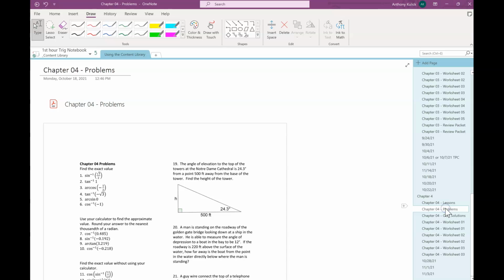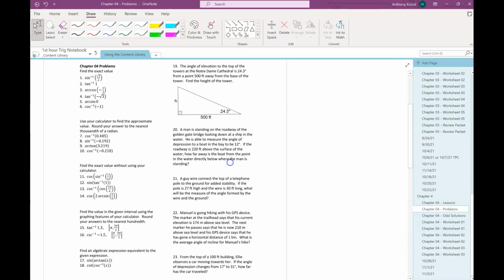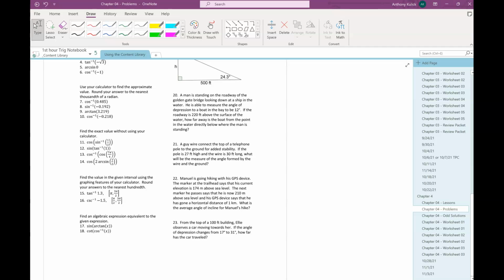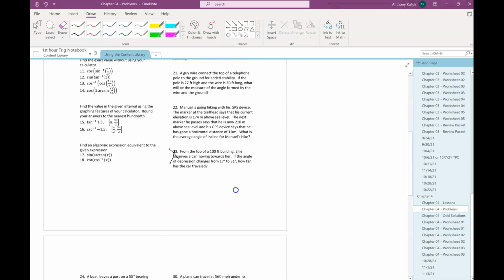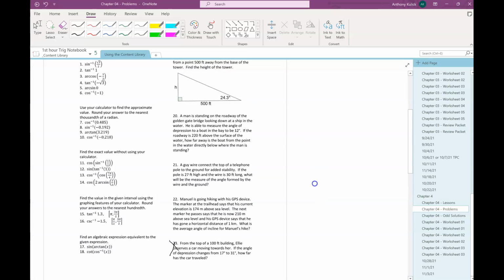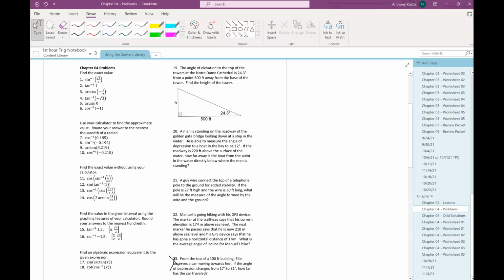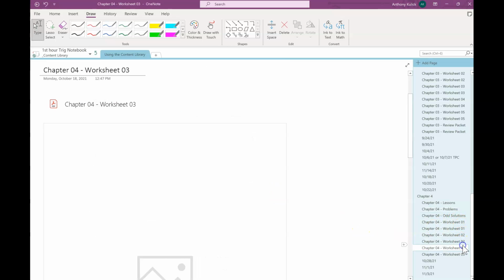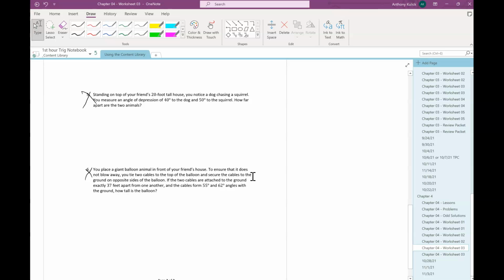And then on the problem set, we can do 19 to 22, and we're not going to worry about anything past that. It's now in the content library, so I X'd them out there, so it should be easy to remember not to do those. So 19 to 22 is the extra homework problems, and on worksheet 3, we're not going to do 5 and 6.